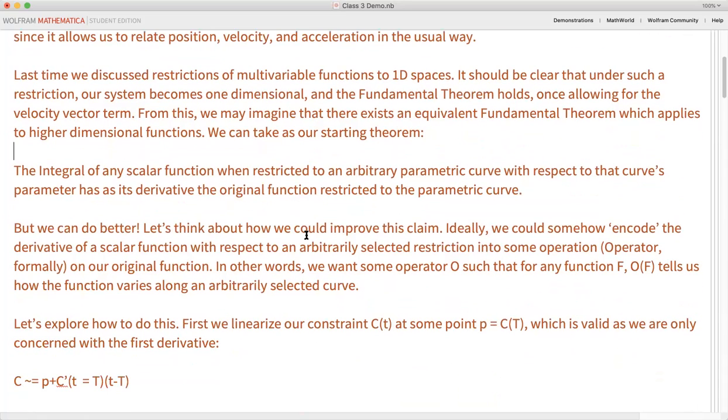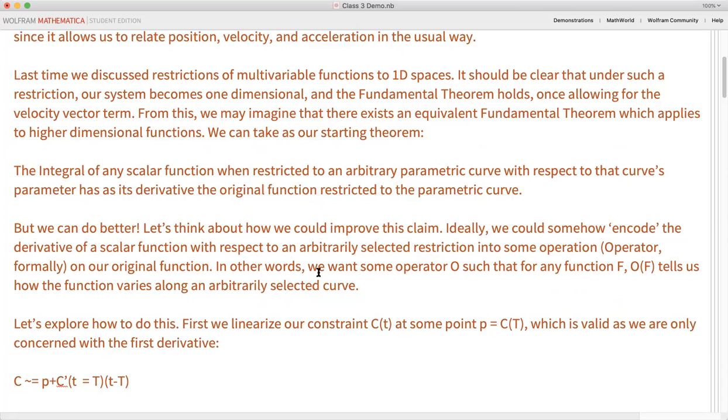But we can actually do better than that. So we want to improve this claim. How do we want to improve it? Ideally, we could somehow encode the derivatives of a scalar function with respect to any selected restriction. So ideally, we have this multivariate function, and we could work out what the derivative is in any direction through some sort of process.